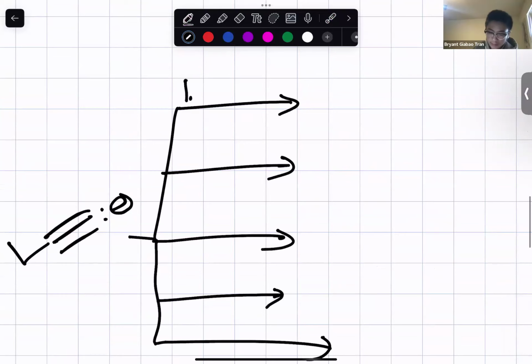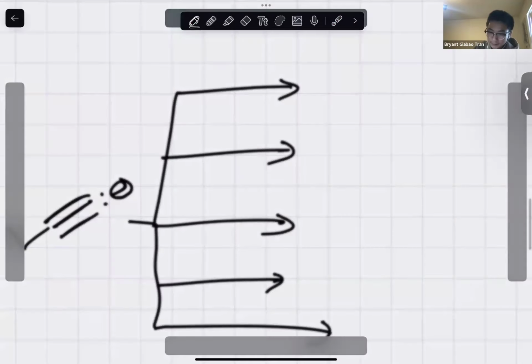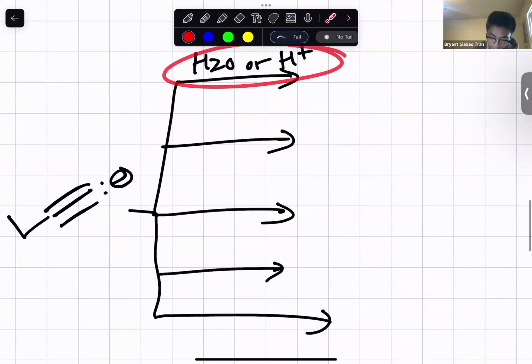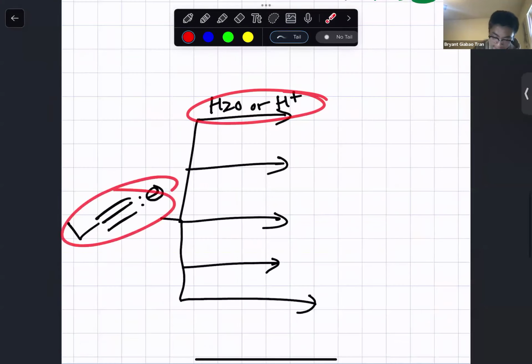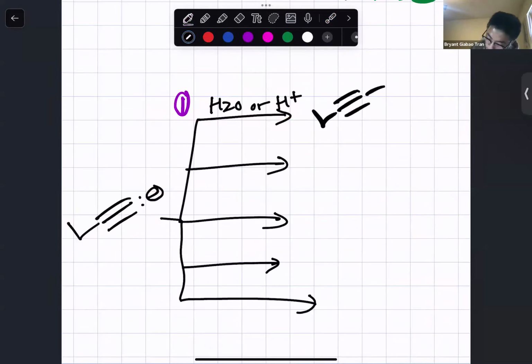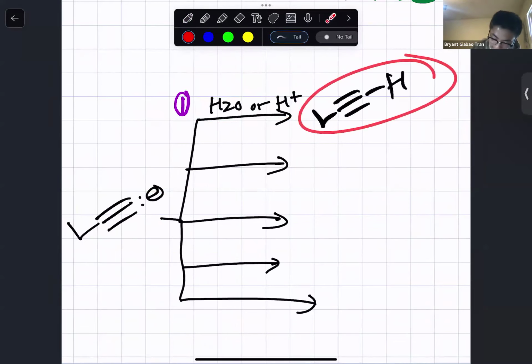The first one is an acid-base reaction. So if you have H2O or H plus, that is an acid. What do you think that is going to do to this alkynyl anion here? Protonate it, maybe? Yep, that's right. It is just going to go back to its terminal alkyne right here.